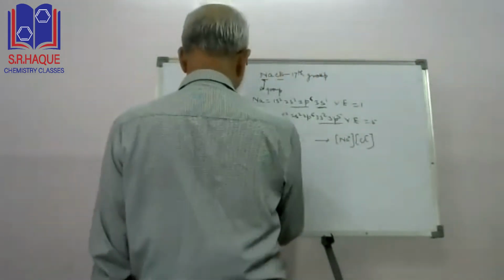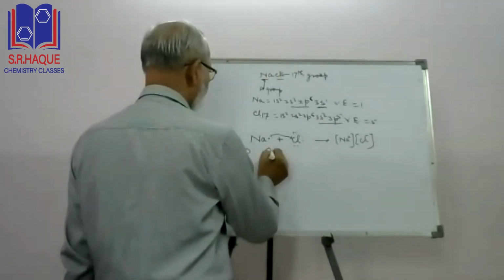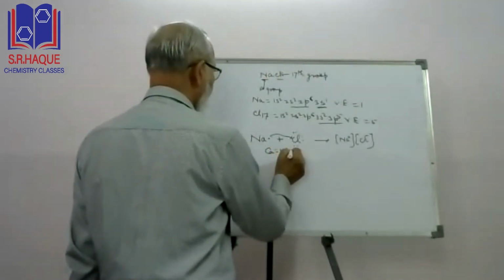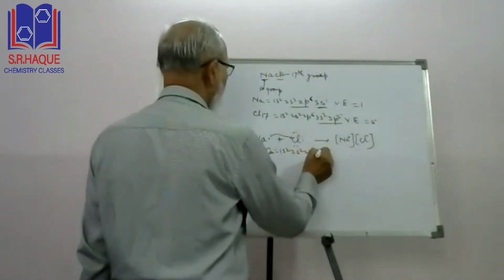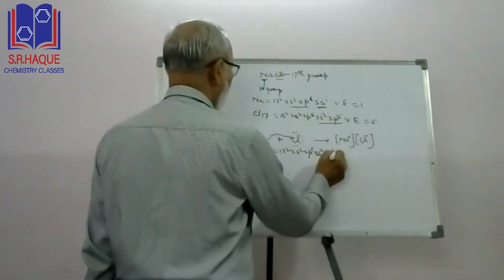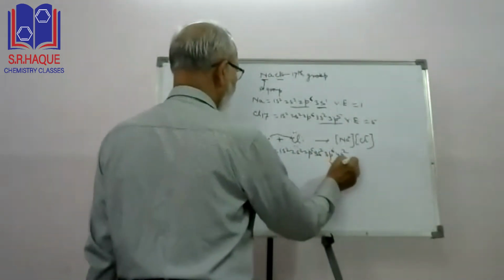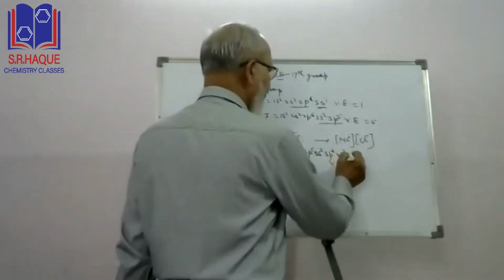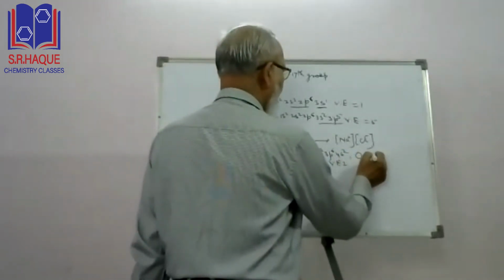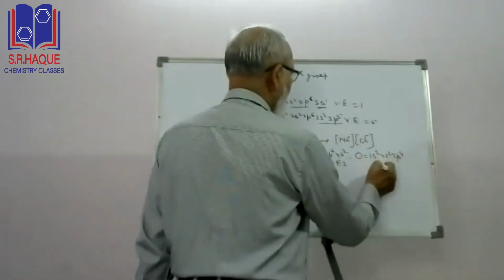Consider another compound, calcium oxide. This calcium has electronic configuration 1s2, 2s2, 2p6, 3s2, 3p6, 4s2. Valence electron 2. Oxygen has electronic configuration 1s2, 2s2, 2p4, valence electron 6.